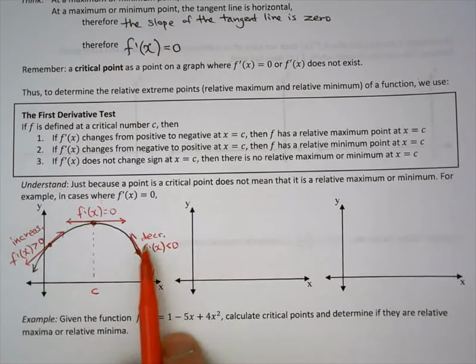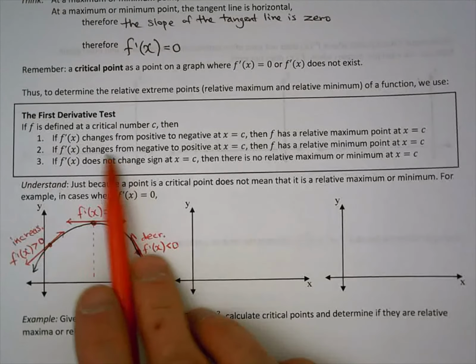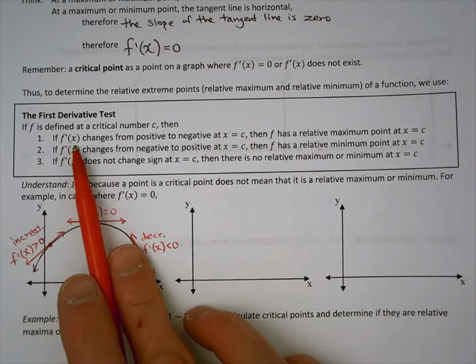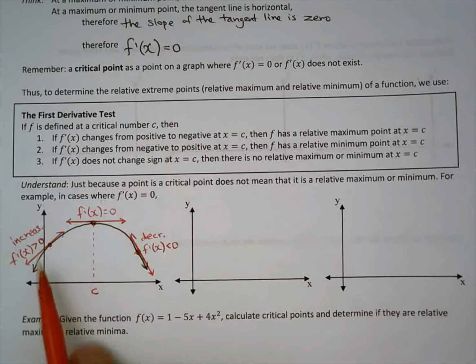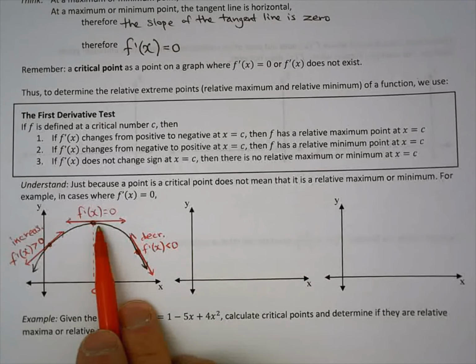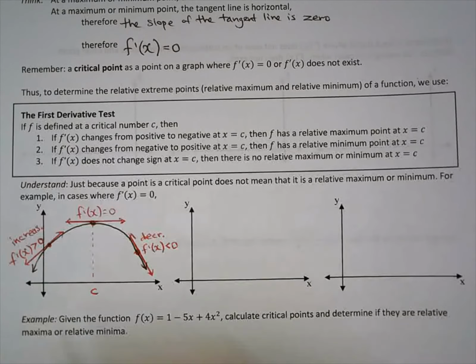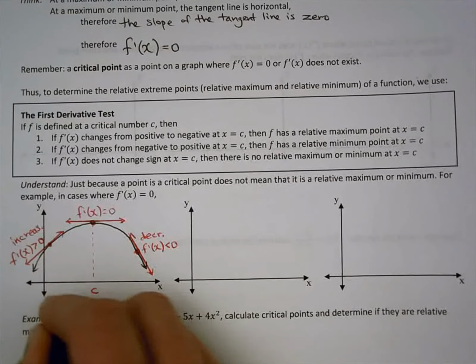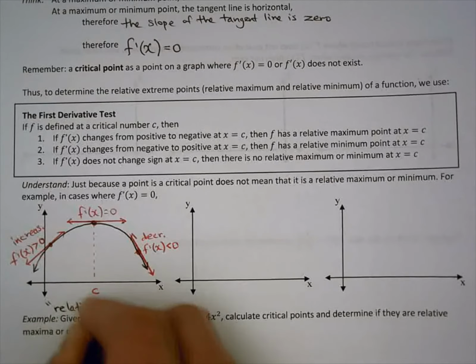Well, according to our first derivative test, if the derivative changes from positive to negative at this critical number, then this has to be a relative max, or a local max. So this is a relative max.